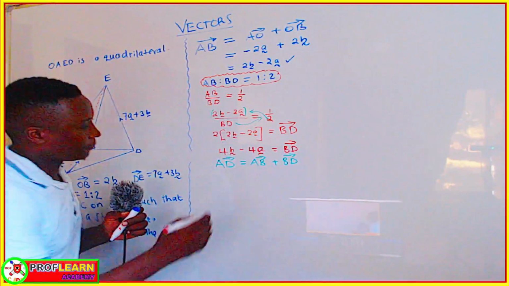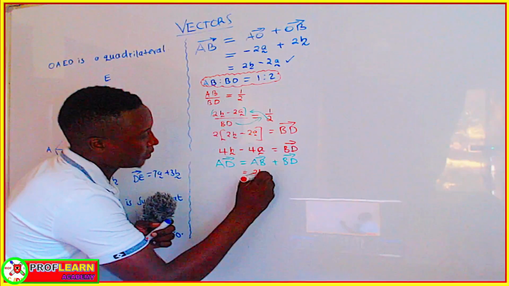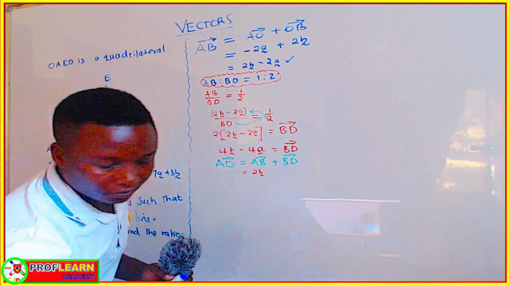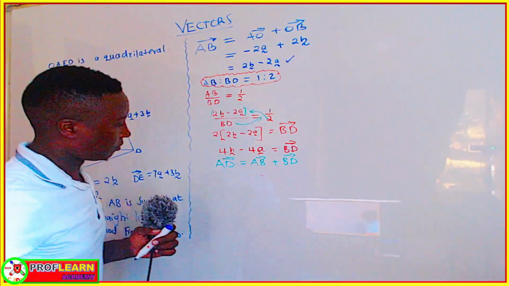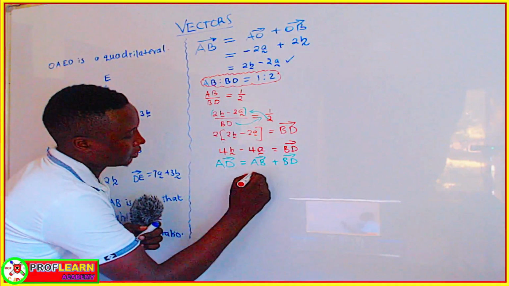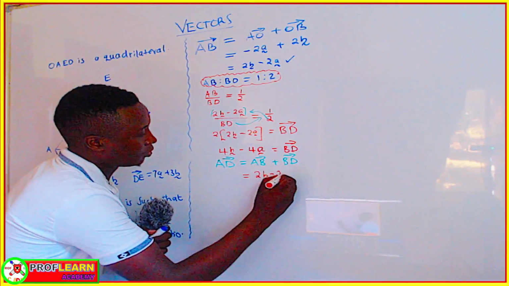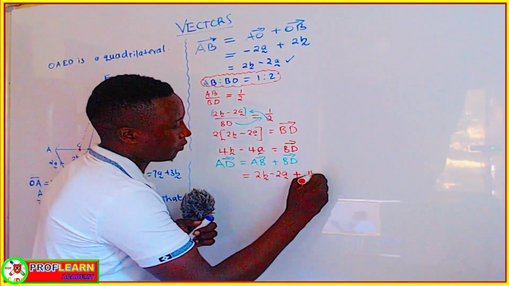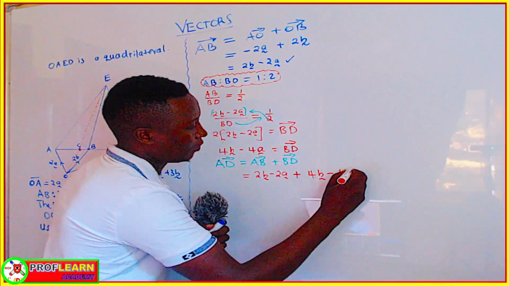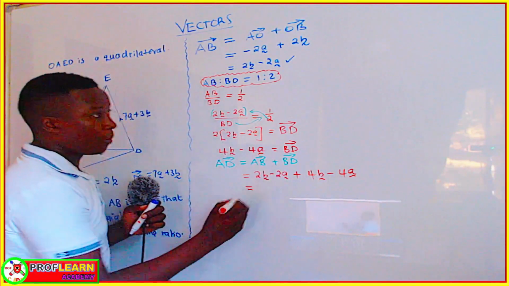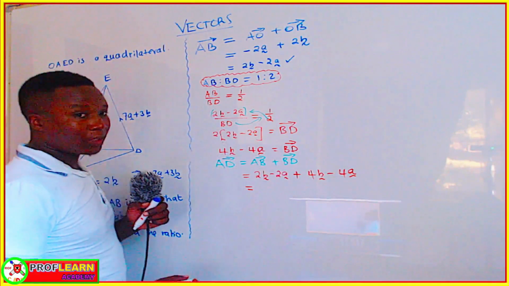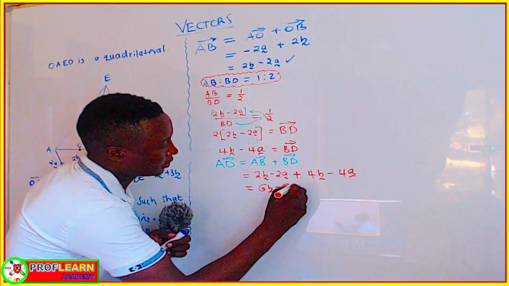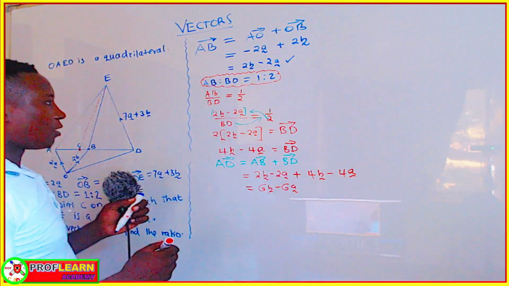AB is 2 vector B minus 2 vector A plus BD, we got it to be 4 vector B minus 4 vector A. So if we combine all this, we are going to get our answer becoming 6 vector B minus 6 vector A. This is our AD.